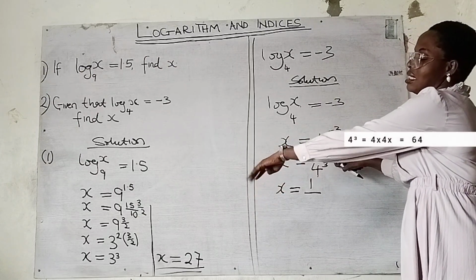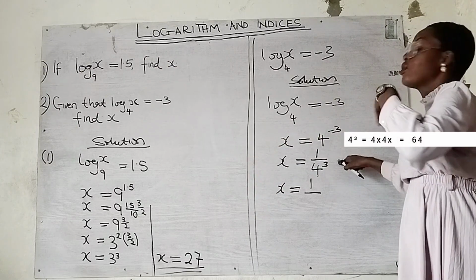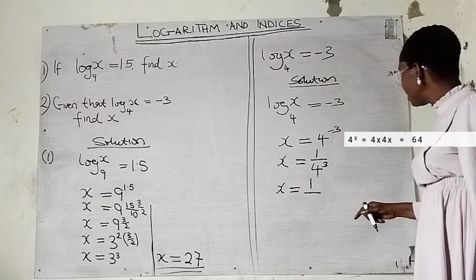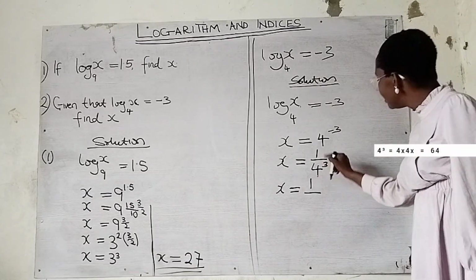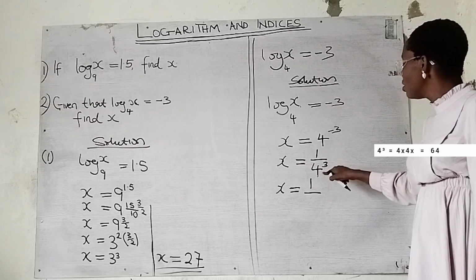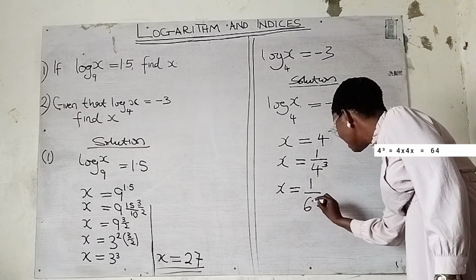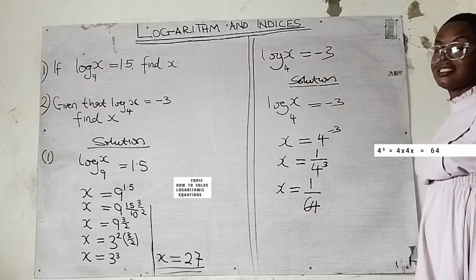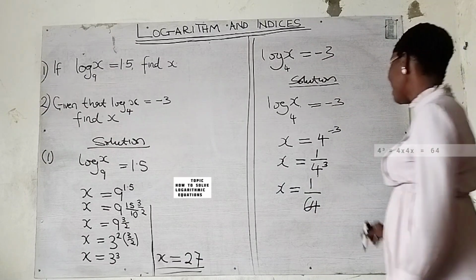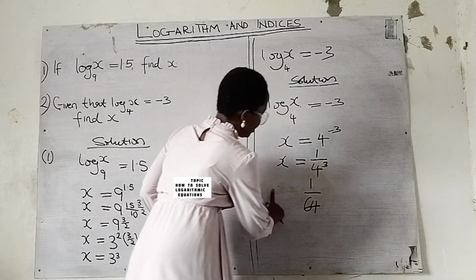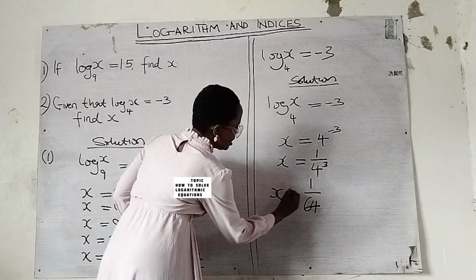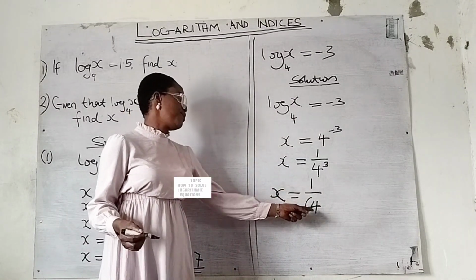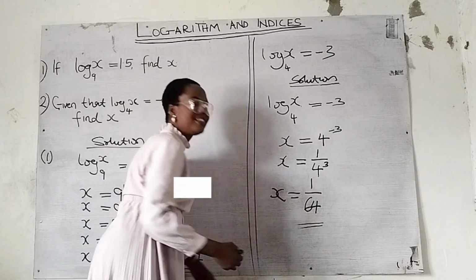And that gives us 64. Press the calculator, you see it. So this 1 over 4 cubed becomes 1 over 64 finally. Let me write it bold. X is equals to 1 over 64 finally.